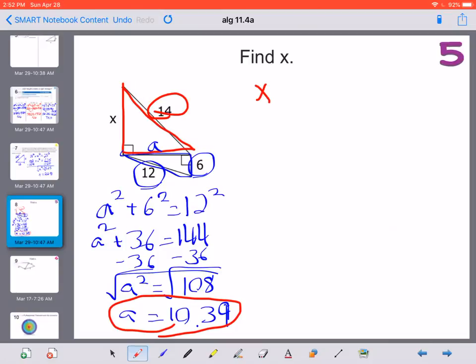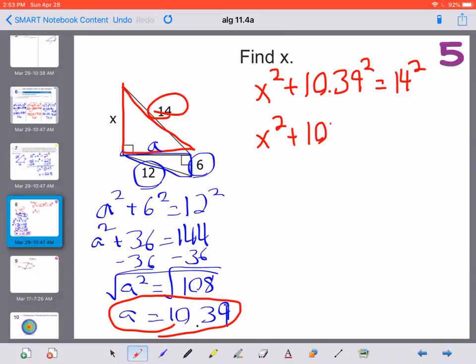So we'll have x squared plus 10.39 squared equals 14 squared. So x squared plus now 10.39 squared gives me 107.95 equals 14 squared, which is 196.